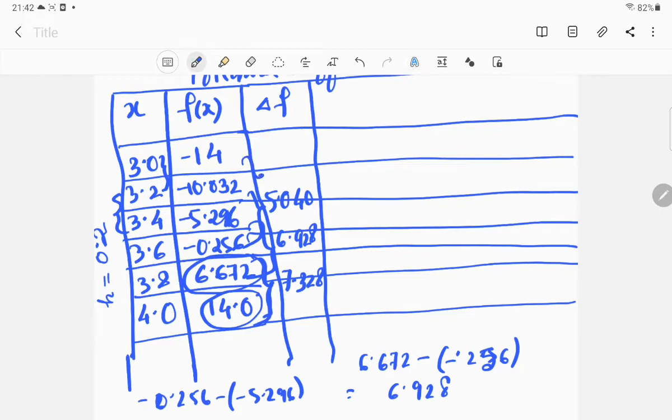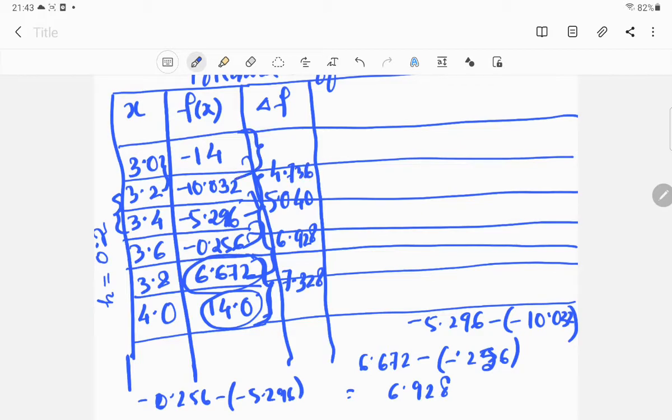Similarly, the gap between these two is minus 5.296 minus minus 10.032, so the gap will be 4.736.